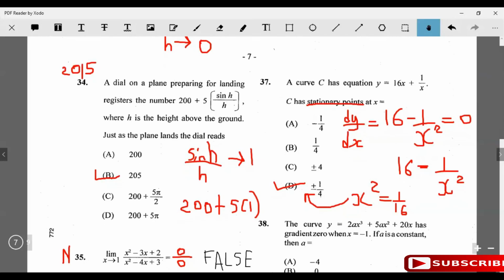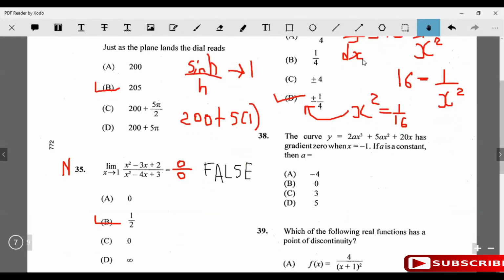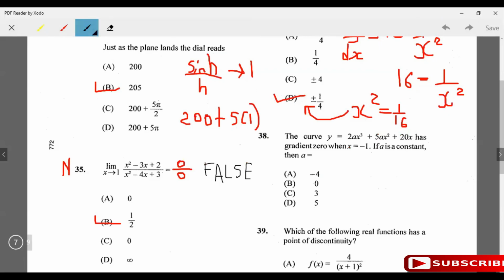All right. Question 38. Question 38 asks us to find the constant A, under the premise that the gradient is equal to 0. Find the constant A when the gradient is equal to 0.